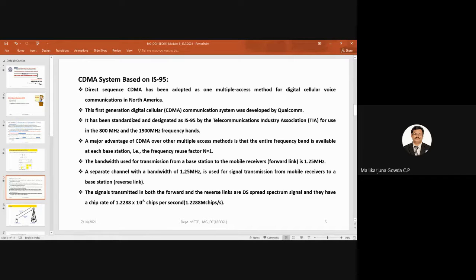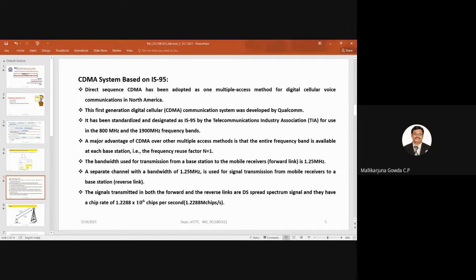Let us assume that 10 megahertz is the bandwidth allocated by the regulatory authority to the service provider to use the spectrum for this mobile communication. It is just an assumption, not what is practically used, which depends on the system.